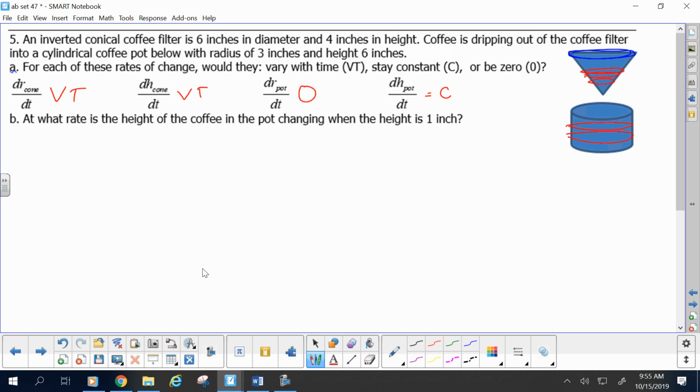Okay, now this part, I failed to give you a given that you needed, so you probably got stuck, and that's my fault. Are we looking at 1/3 pi r squared h or pi r squared h? Pi r squared h because it's the coffee in the pot, so it's the cylinder, yeah? Okay. Shall I take the derivative now, or can I get the number of variables from 3 down to 2?